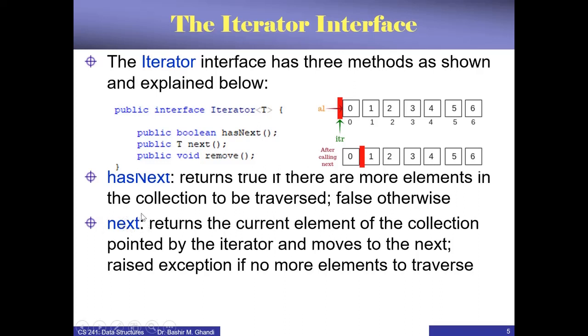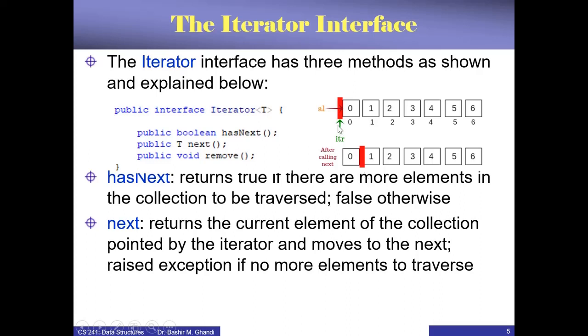The next method does two things actually. First, it returns the current element from the collection, the element that is being pointed to by the iterator currently. In this case, for example, it will return 0. Second, it will move the iterator to the next element.